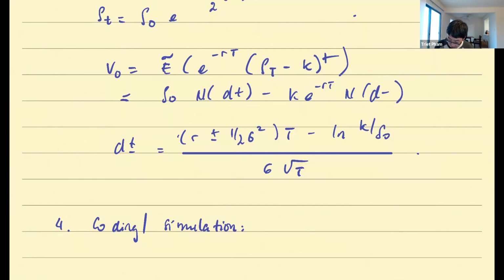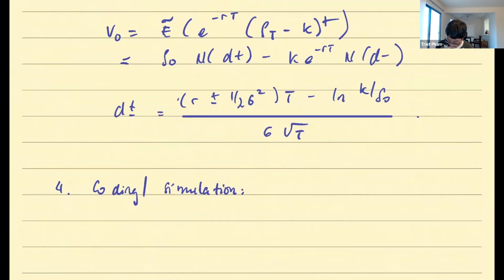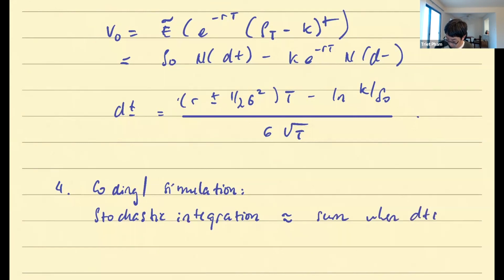So one idea, which sounds too simple, is that stochastic integration is approximately a sum when dt is small. Or actually, that doesn't have to be stochastic.